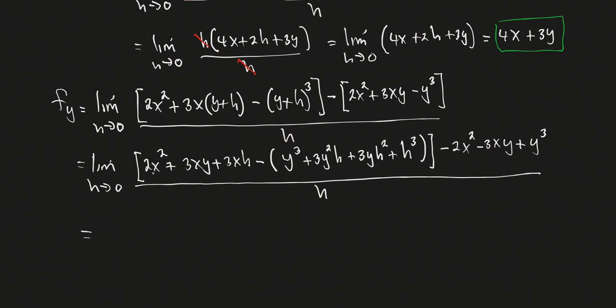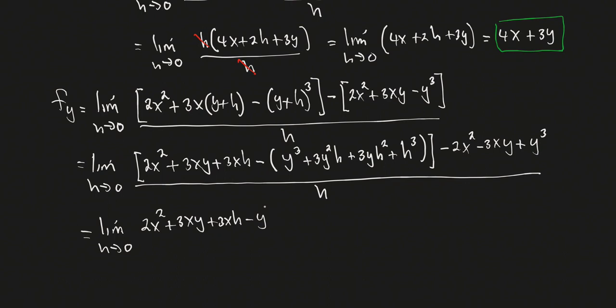Now let's go ahead and drop all the parentheses and all the square brackets, and then see what, if any, terms will go away. Let me rewrite that plus sign, it looks too close to a 7. So we're going to have 2x squared plus 3xy plus 3xh, and then distribute this negative, so all of these will become negative.